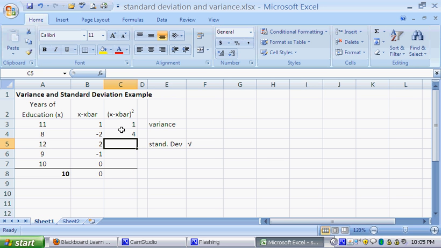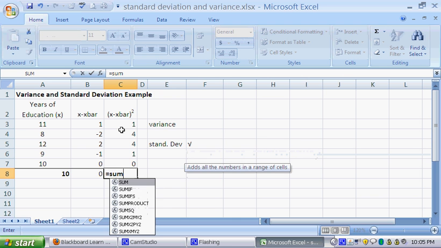So remember, a negative times a negative number is positive. So 2 times 2 is 4, and negative 1 times negative 1 is 1, and 0 times 0 is 0. I'm not going to bother writing the equation for that. So we've got all of our squared deviations from the mean. Now we need to add these guys up.